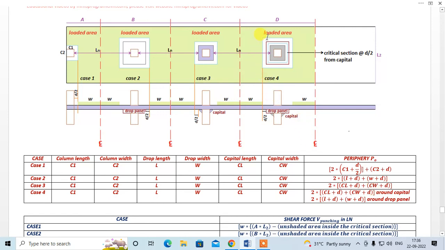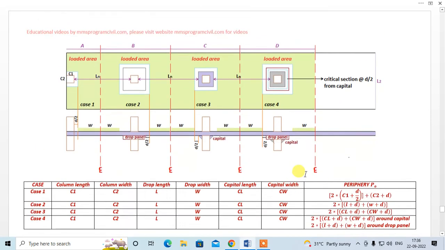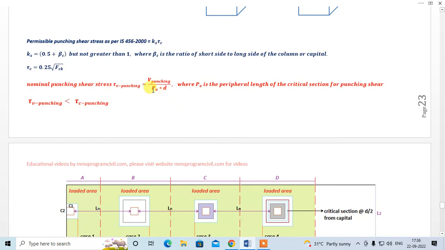And this is the critical section periphery Po around the drop, you can get by this formula. So once you know your periphery into effective depth d, it will give you the area which will resist the punching shear stress.